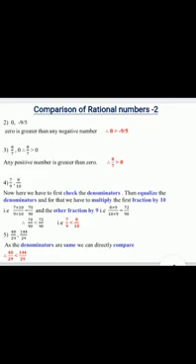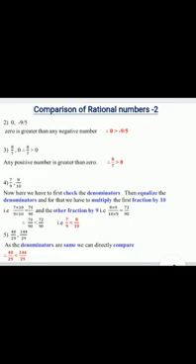Now look at the second example. 0, minus 9 upon 5. Now here, which is greater? 0 is greater than minus 9 upon 5. Why? Yes, because 0 is greater than any negative number.